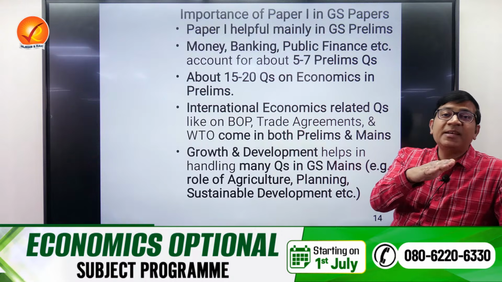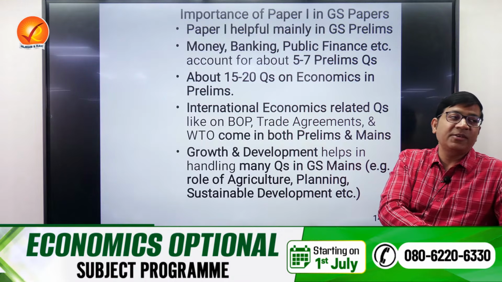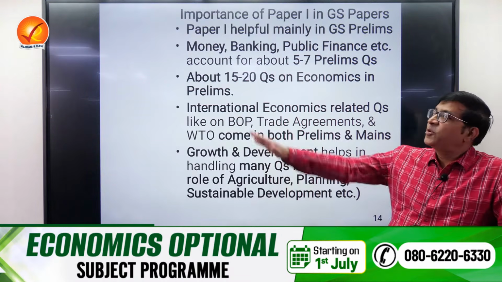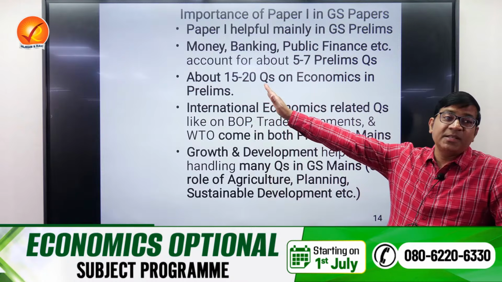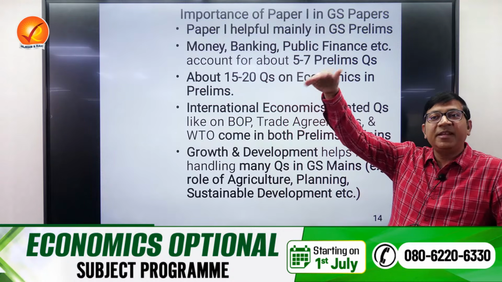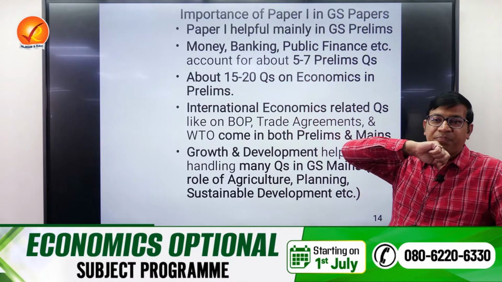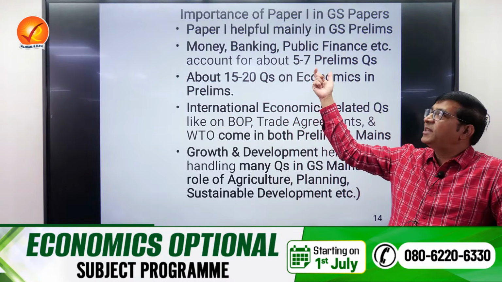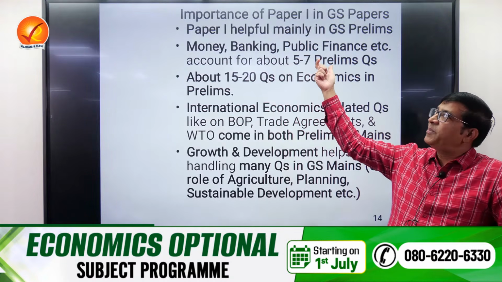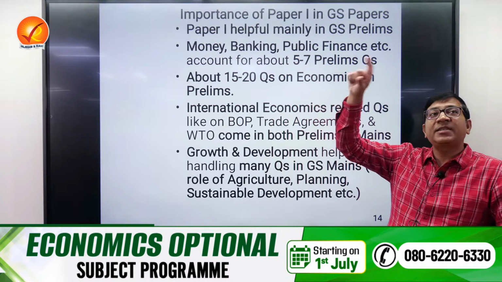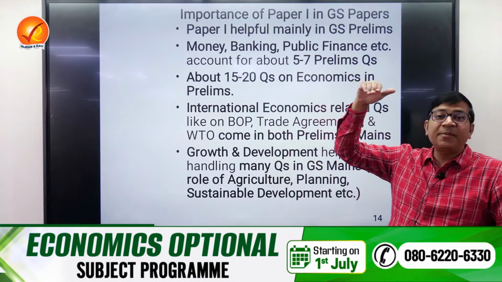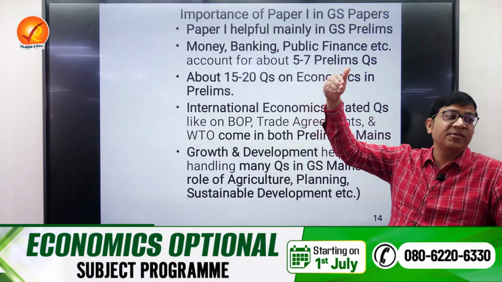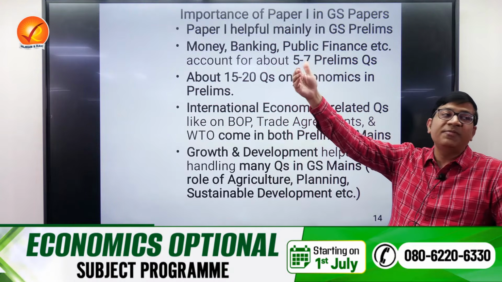This year they have asked fewer questions in economics, not more than 15 for sure. Even then you will see 3-4 from money and banking itself. Coincidentally this year they have asked only one from public finance, like on crowding out. But if you see last year, they were asking many questions on public finance also, like on fiscal deficit.